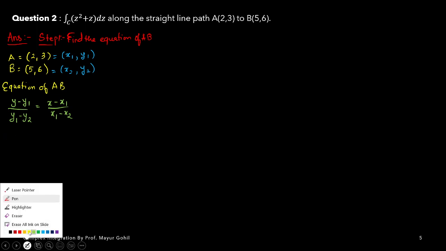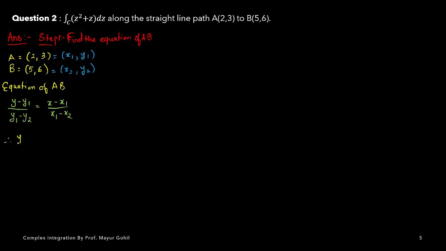Let us simplify this. Therefore y minus 3 over 3 minus 6 is the same as x minus 2 over 2 minus 5. When you simplify this, you will get y minus 3 over minus 3 equals x minus 2 over minus 3. So therefore y equals x minus 2 plus 3.